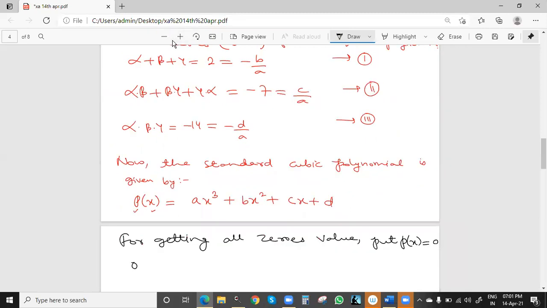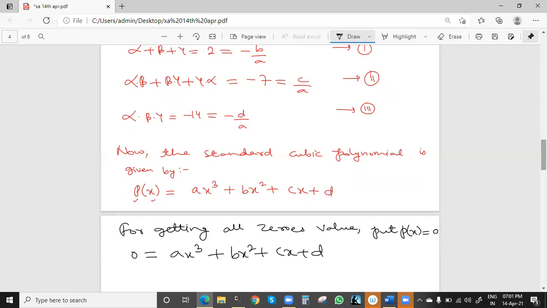So we can write 0 equal to ax cube plus bx square plus cx plus d.